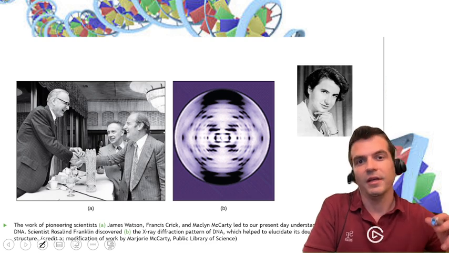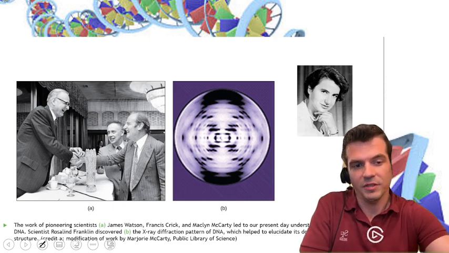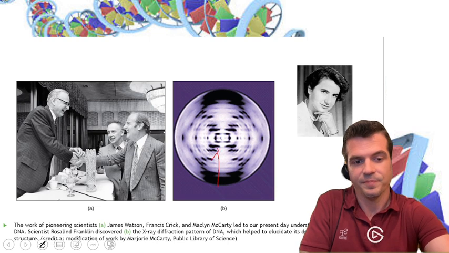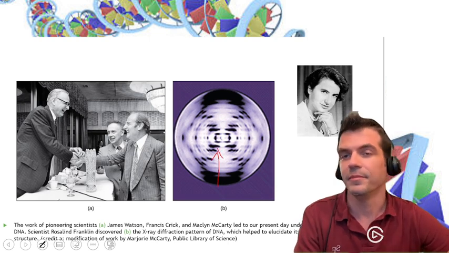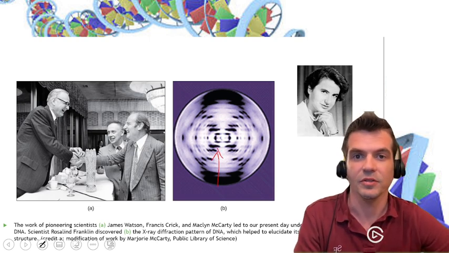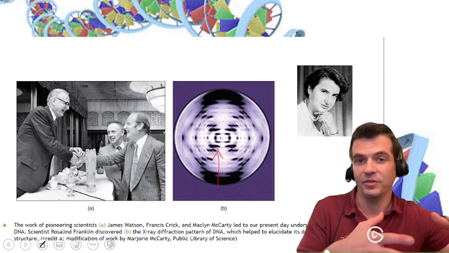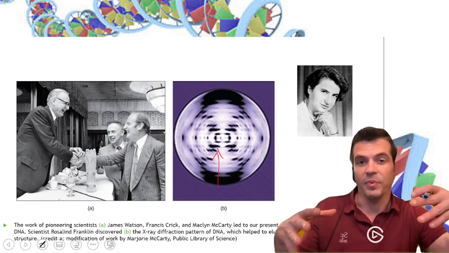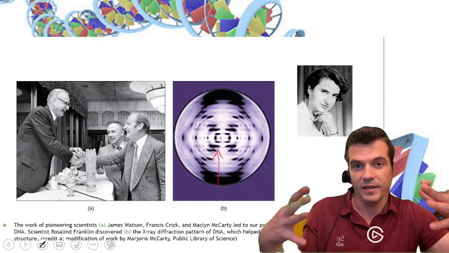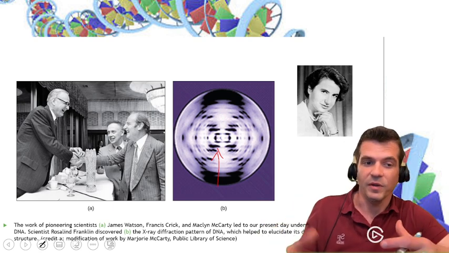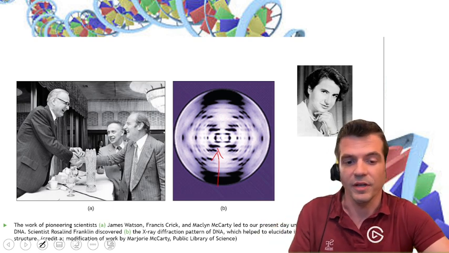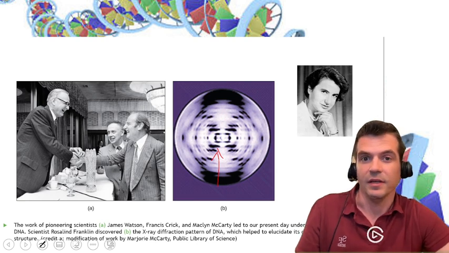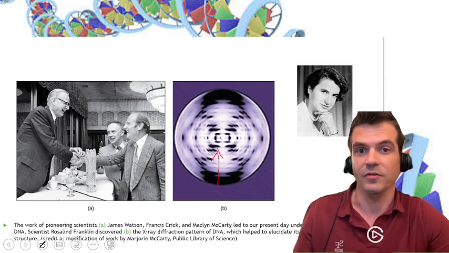You get it now. Without this famous picture here, they wouldn't have discovered the way the structure looked. Now they might have done this later anyway, but definitely this was their aha moment, and we must credit Rosalind Franklin for helping in the discovery of the structure of DNA.